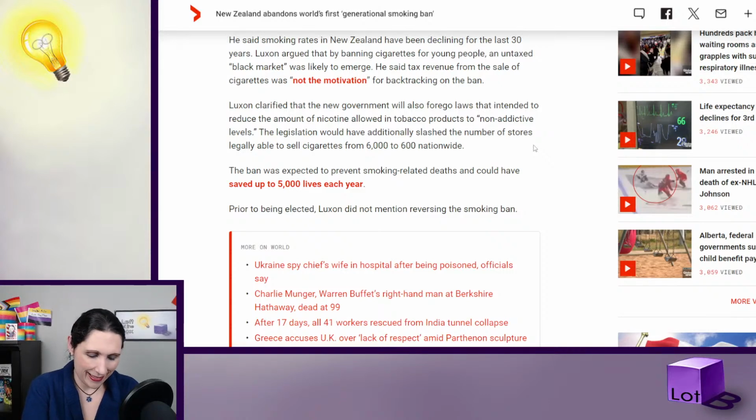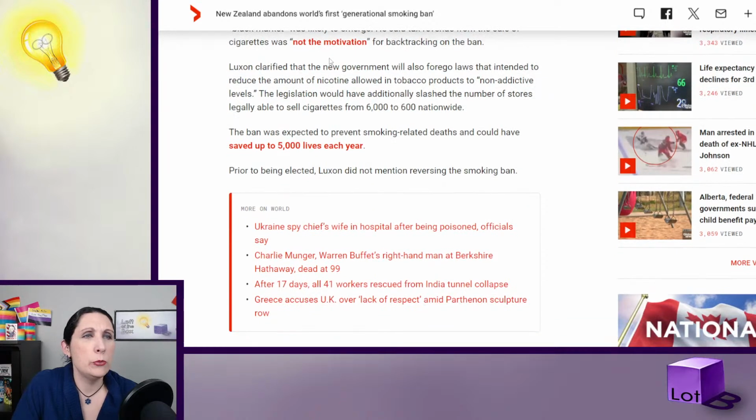No, it's not that. It's the money going to the corporations. You got to make sure that those corporations that are making a product that literally kills you get their money. That's more important than the health and well-being of the people that elected you into power. Luxon clarified that the new government will also forego laws that intend to reduce the amount of nicotine allowed in tobacco products to non-addictive levels.